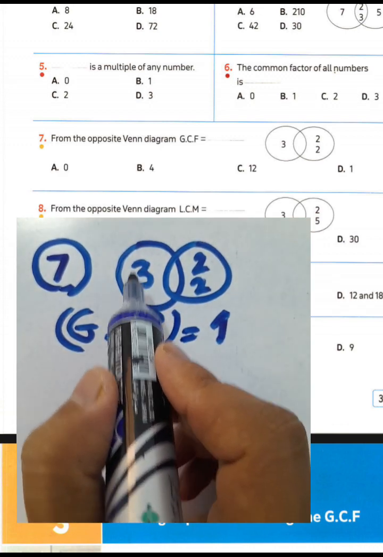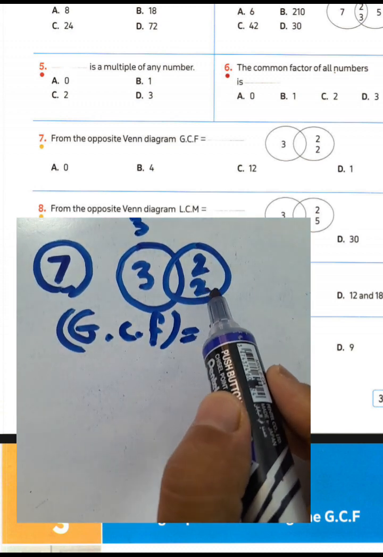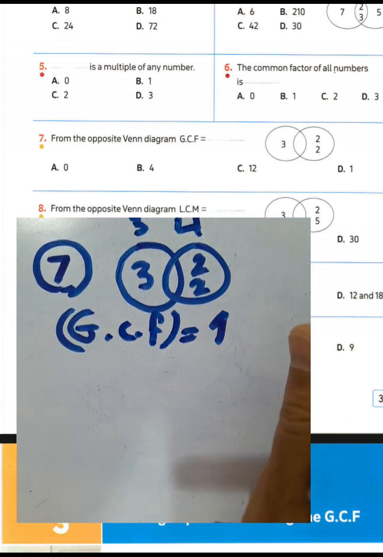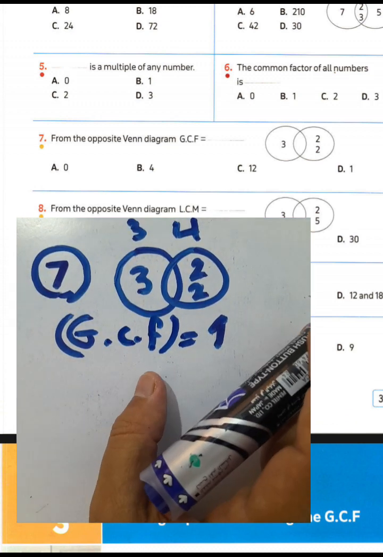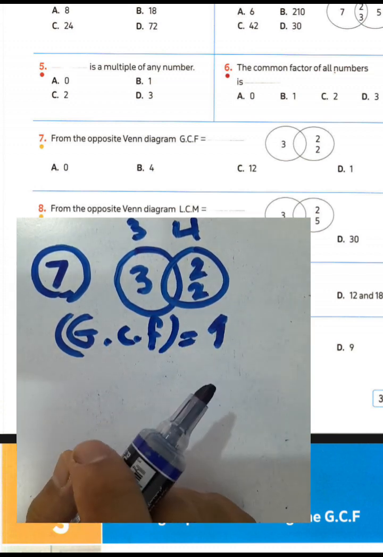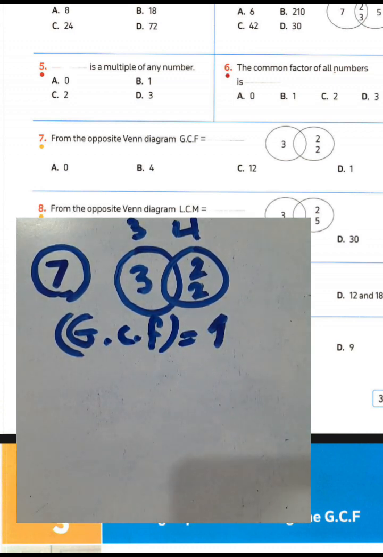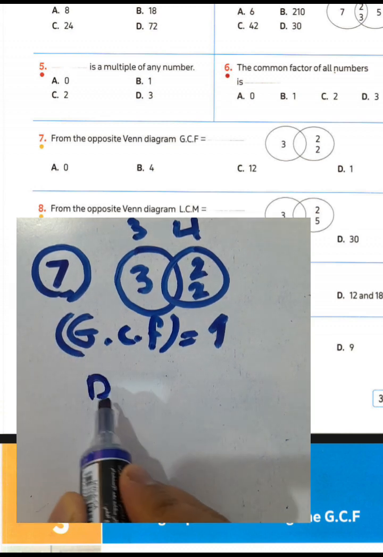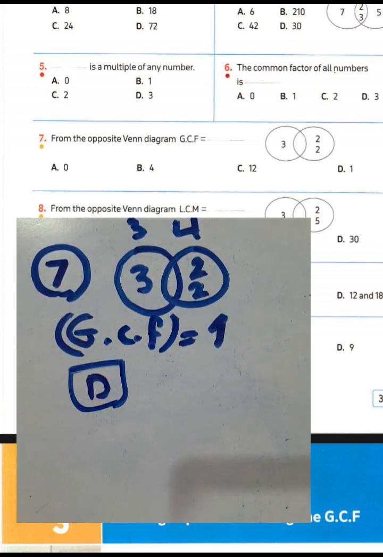Because the first number is 3 and the second number is 2 times 2 equals 4. Then the greatest common factor between 3 and 4 equals 1. Understood? The greatest number 3 and 4 can divide by will be 1. Choose letter D about question 7.